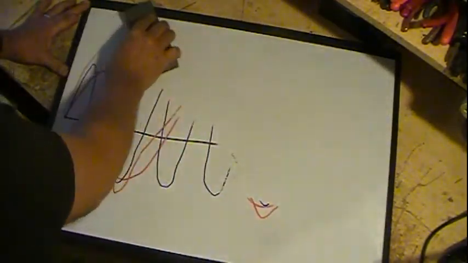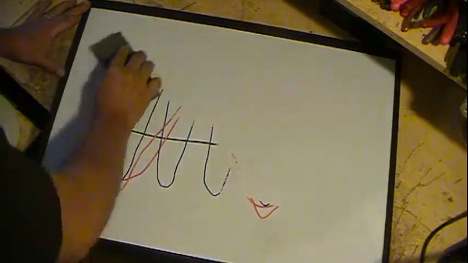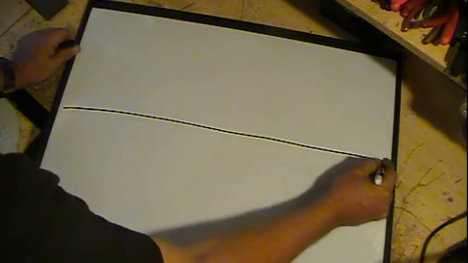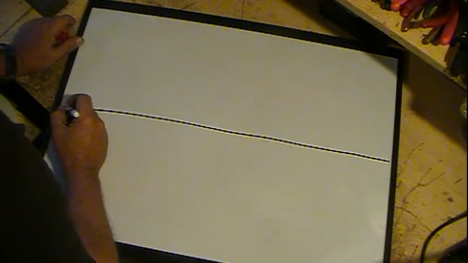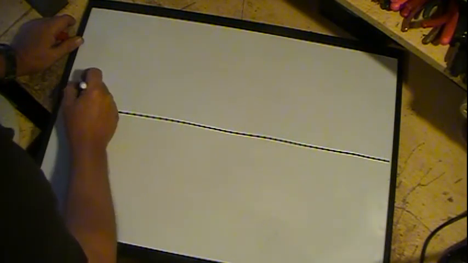Erase this and see if I can halfway draw it. So, draw a nice long centering line here, our zero point. Let's take red. We'll use red.